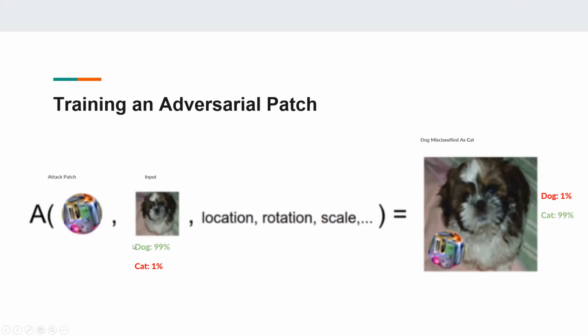So instead of trying to minimize the loss that this image is a dog here, we're trying to maximize it to have the most loss possible, and we predict anything except dog. So it takes into account the location of where the patch is placed, the rotation, scale, other factors like that, as well as the original input image. And that is how the patch is regressed from noise.